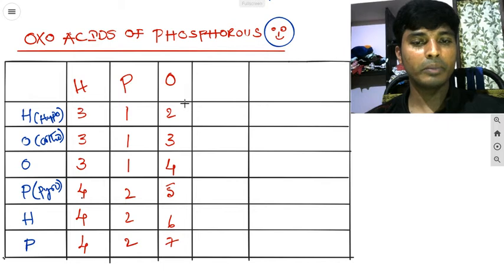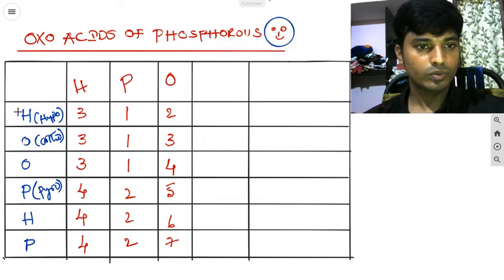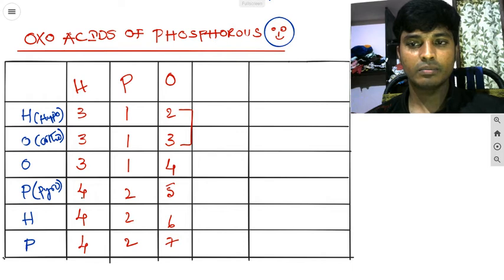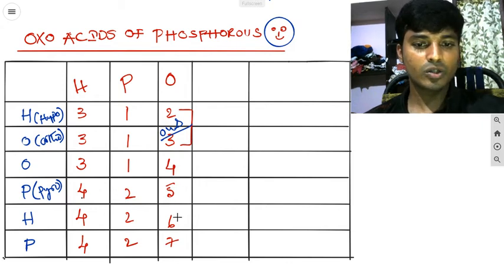Now one important thing to remember here: for the first two, OUS will come in the nomenclature, and for the last two, IC will come.